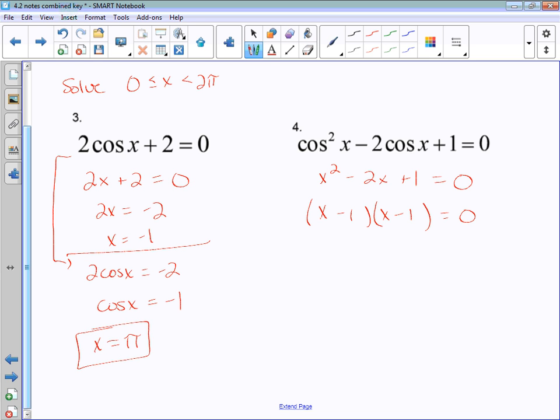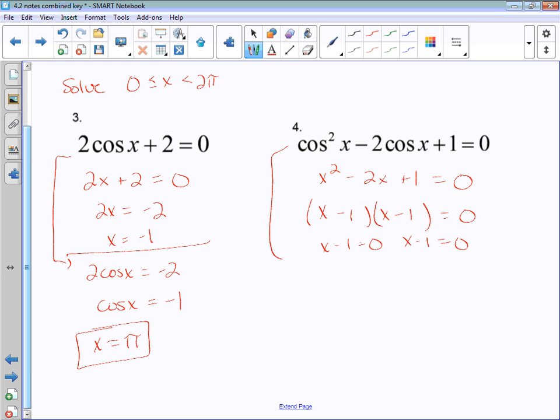Factoring. That's our strength, right? And then from there, zero product property, you could set each factor equal to 0. They're the same thing, so you wouldn't have to do it twice, but okay.